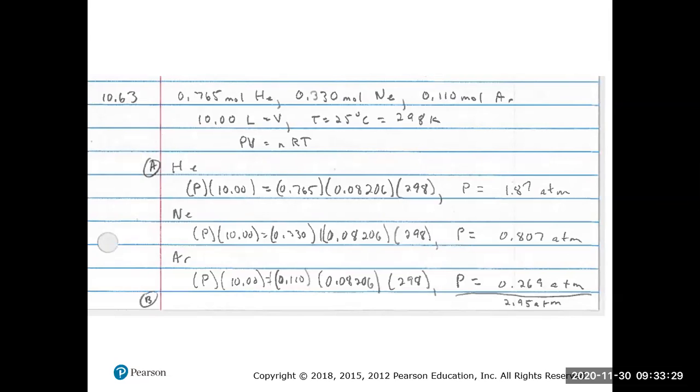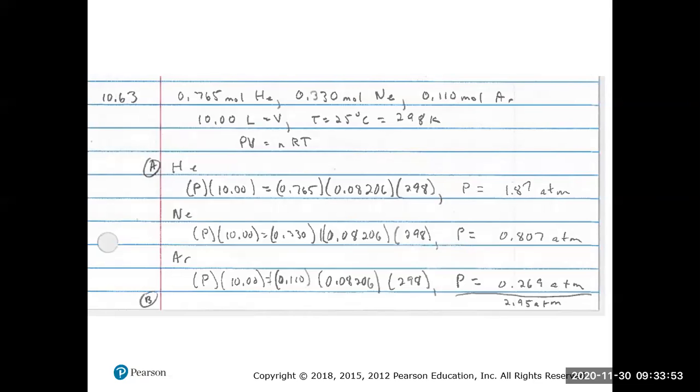The only difference is that we substitute in the number of moles of neon and the number of moles of argon. If we do those two substitutions, we see for neon the pressure is 0.807 atmospheres, and for argon it's 0.269 atmospheres.